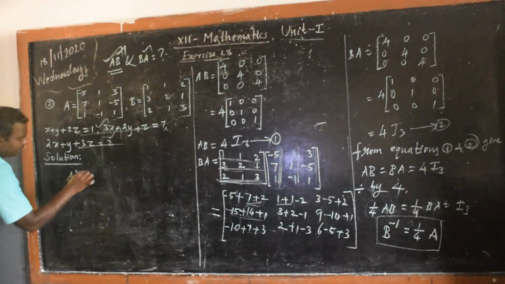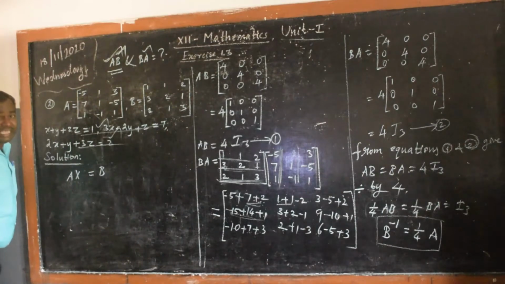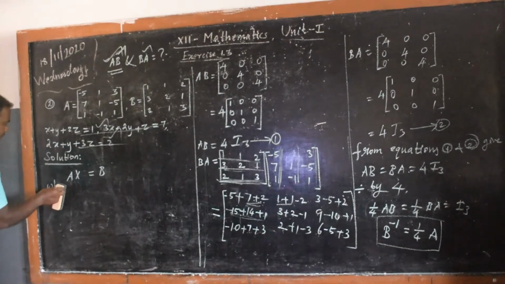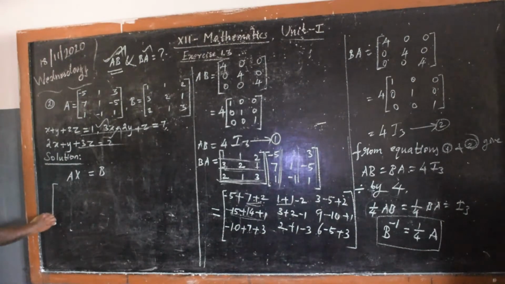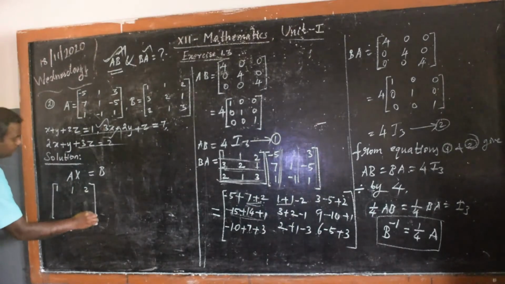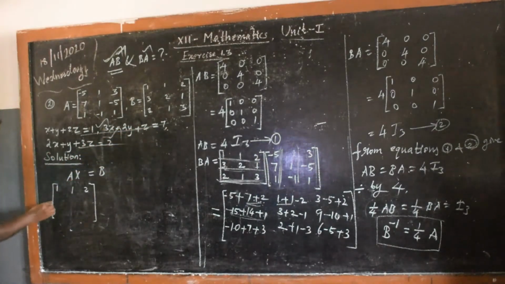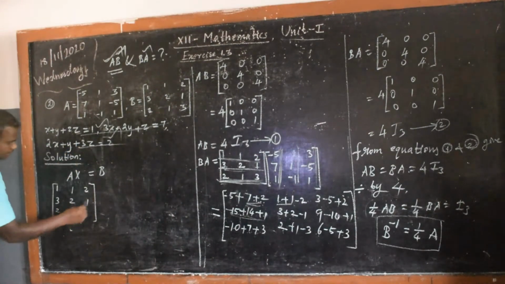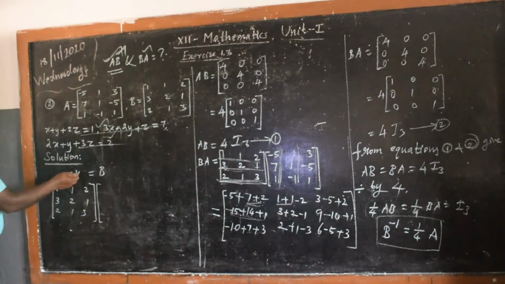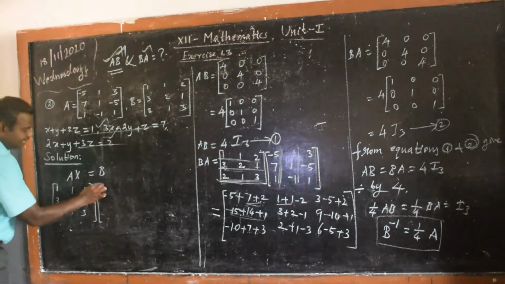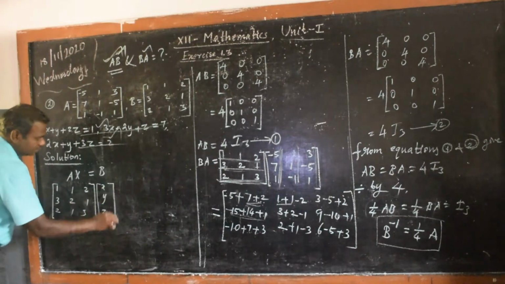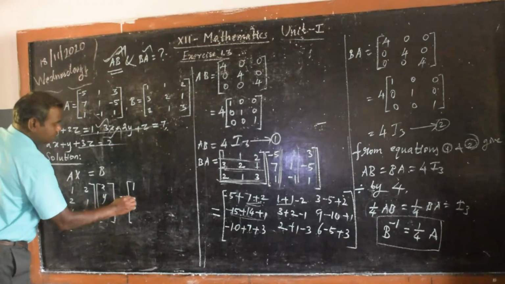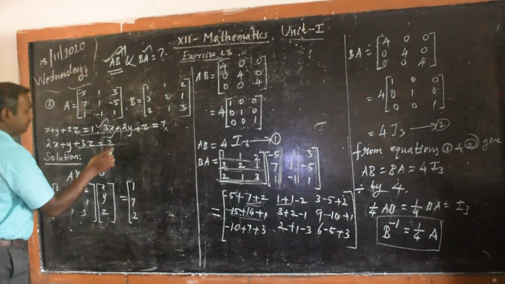The form of the matrix is AX equal to B, where A equal to [1, 1, 2; 3, 2, 1; 2, 1, 3] into the 3 unknowns x, y, z equal to the constant values 1, 7, 2.